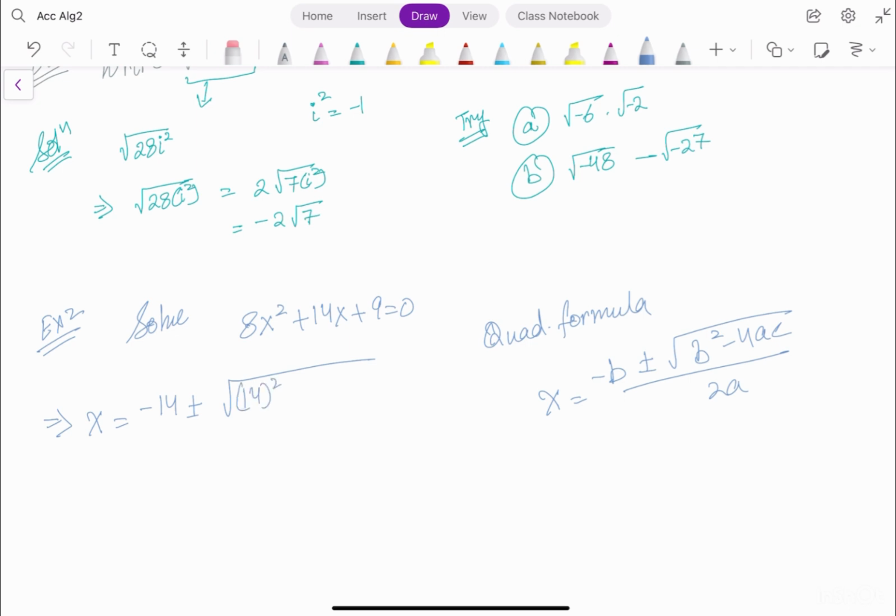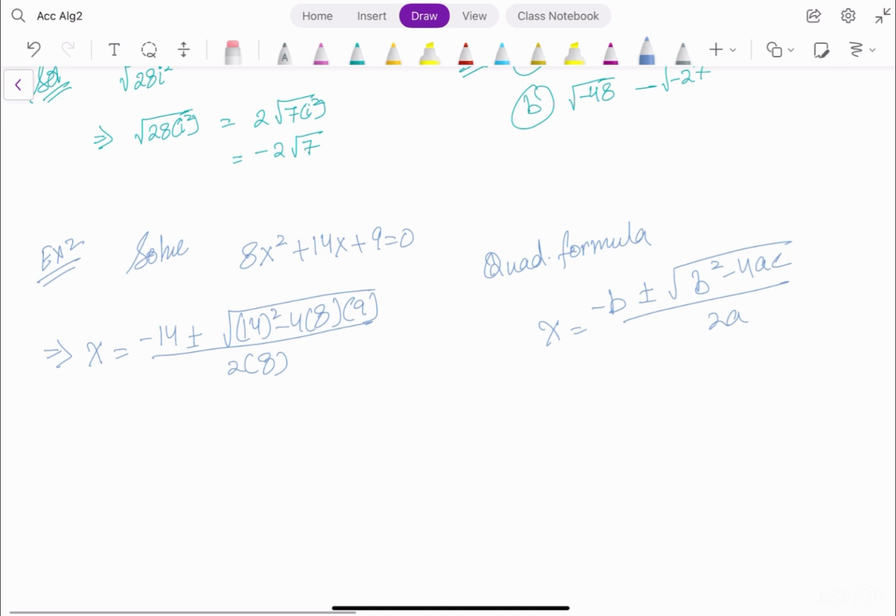So if I plug everything into the equation, I will get, let's clean this up, negative 14 plus or minus, that will give you negative 96. Now we have a negative inside the radical.